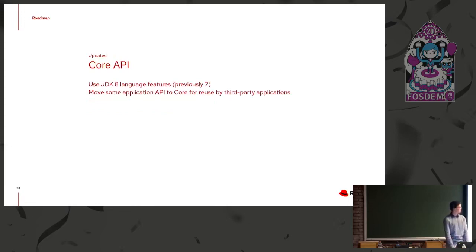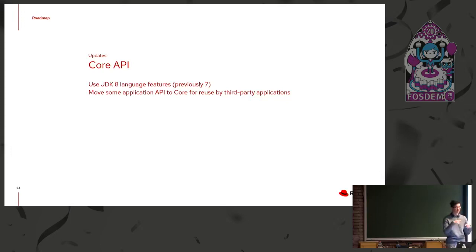And then going into the core API, so this is the API that JMC also provides to third-party applications, mainly to do with reading in JFR files, managing the flight recorder system of JVMs, or discovering JVMs in general. A lot of these features are extremely useful for third-party applications. In JMC 8, we're going to be updating it to use JDK 8 language features, and previously it was 7.